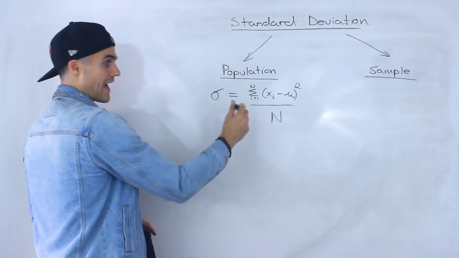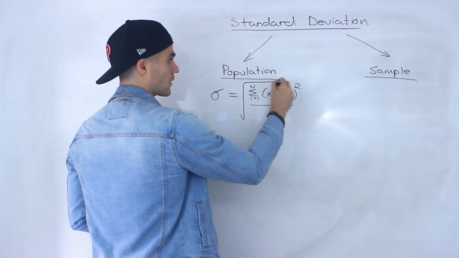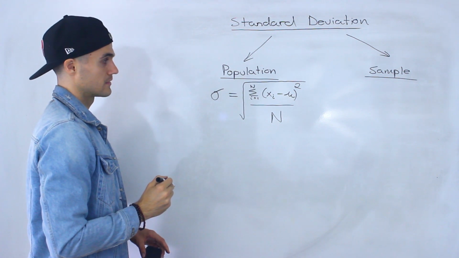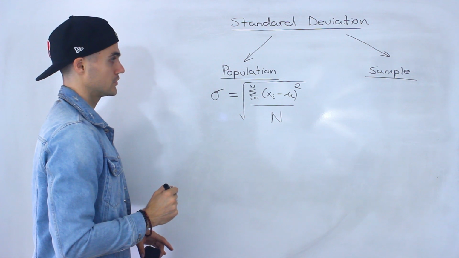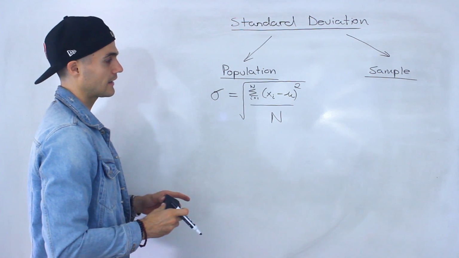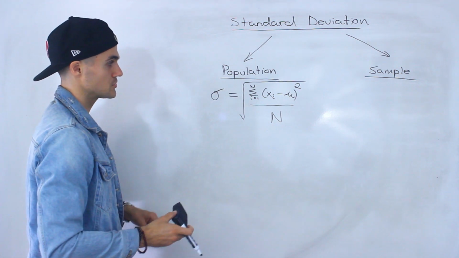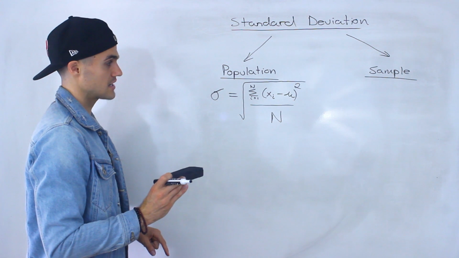And then once we have that, because we squared it here, you want to square root that number like that. And that there is your formula for the population standard deviation. Again, I'm going to show you how to use it with an actual data set in an example soon. But this is the formula for the population standard deviation.